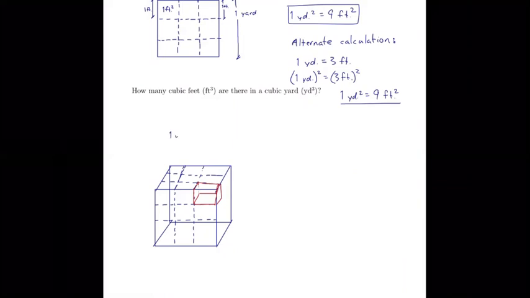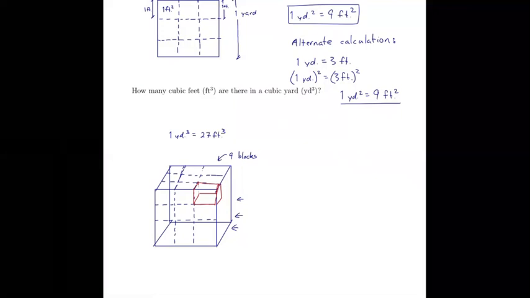So 1 cubic yard, or 1 yard cube. There's 1 there, so that means there are 9 of them here, 9 blocks on the top. There are 3 layers of blocks, 3 stacks of blocks, so 3 times 9 gives us 27 cubic feet.